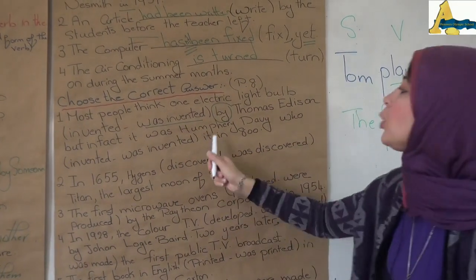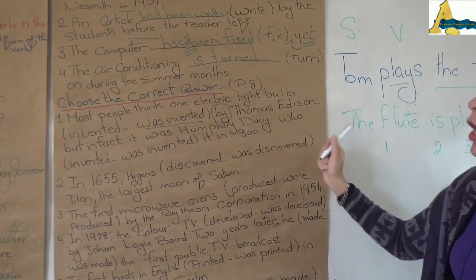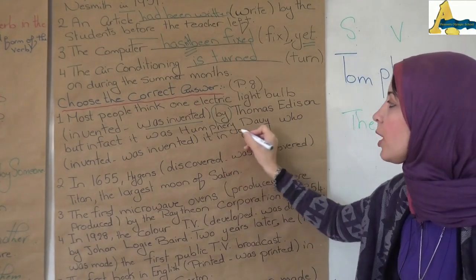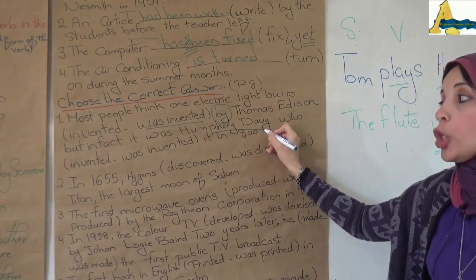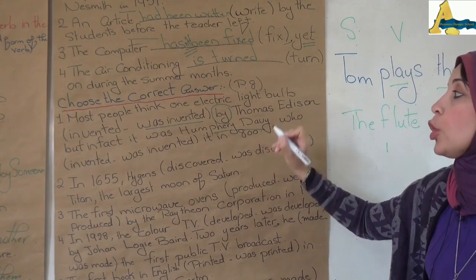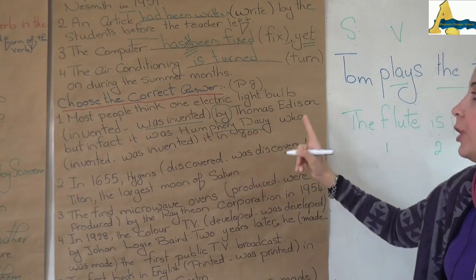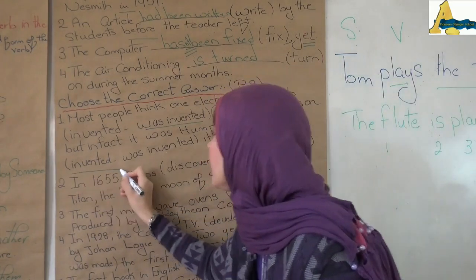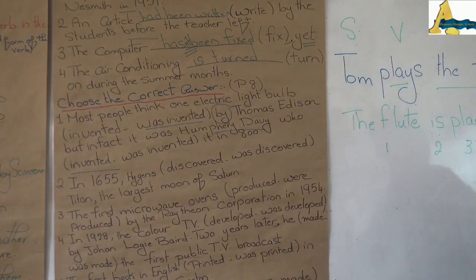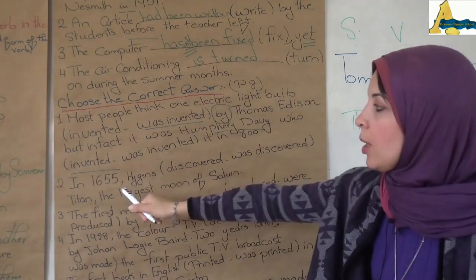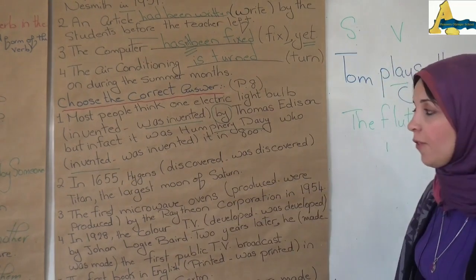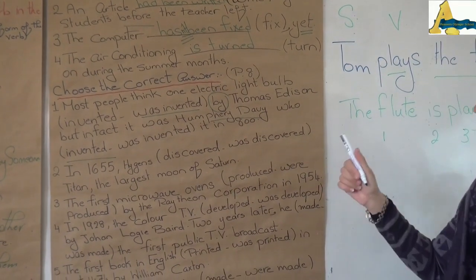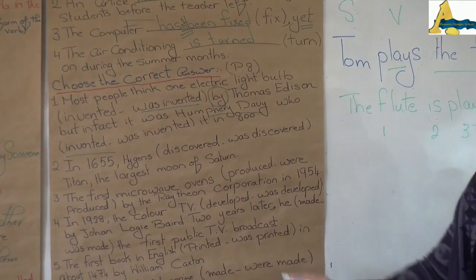But in fact, it was Humphrey Davy who, this is the doer in the beginning. So this one is active. It was Humphrey Davy who invented it in 1800. Number 2: In 1655, Huygens discovered Titan.